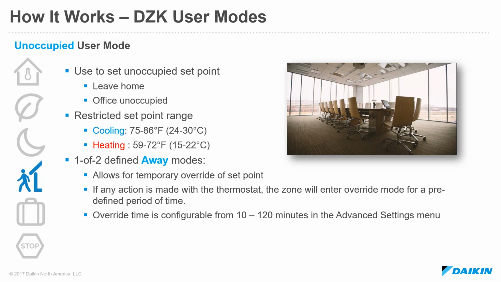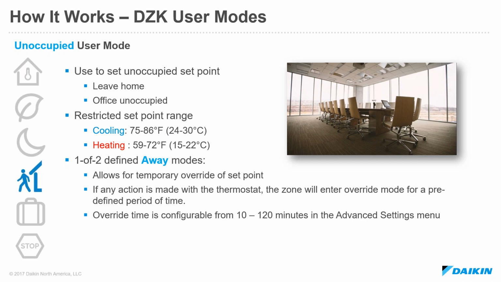I do like to point out that the unoccupied user mode is one of two defined what I call away modes for the DZK, so be aware of the away mode. The away mode allows the set point to be temporarily overridden. When we command the unoccupied user mode, the DZK is in an away mode setting, so we use those restricted set point ranges and more energy efficient unoccupied set points.